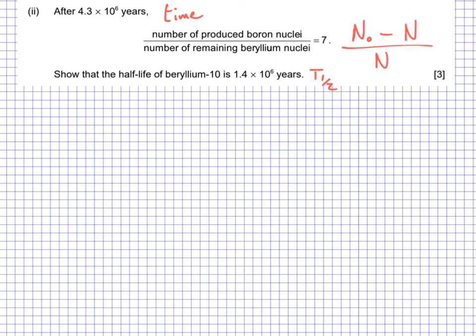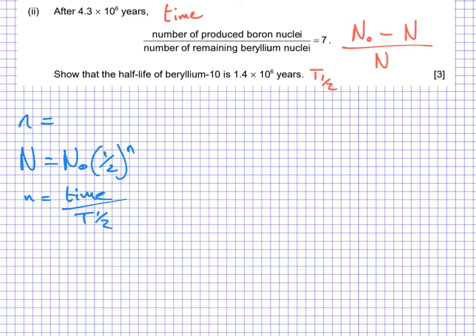So let's first of all look at the ratio between the time elapsed and the half-life. This is often the exponent n value, if you've come across this equation before, which you may or may not have. N is equal to N naught, and then the half to the exponent n, and then n is the time elapsed over the half-life time.